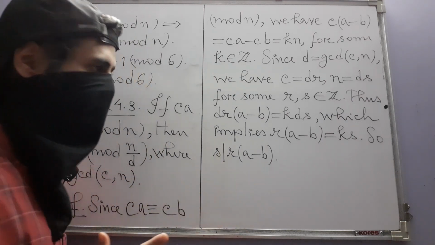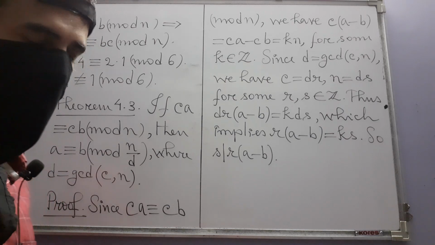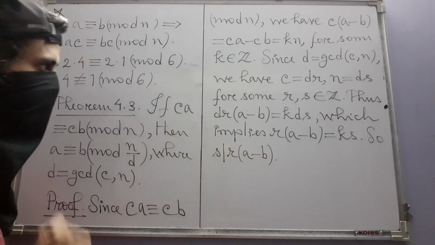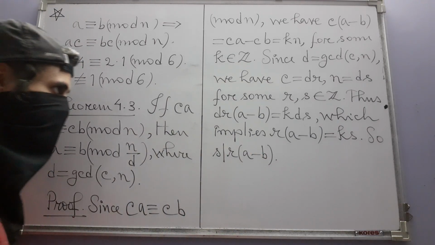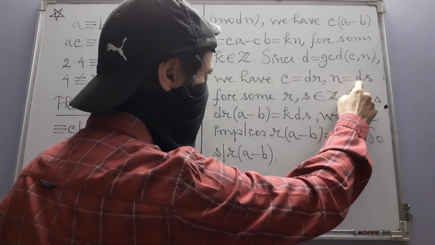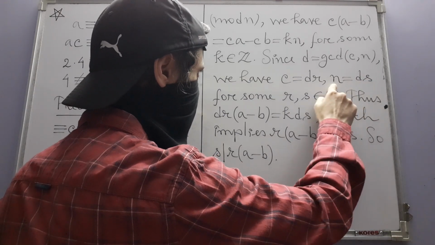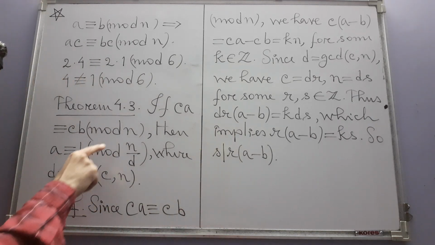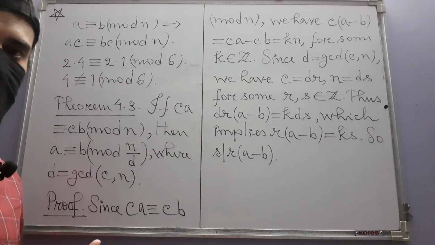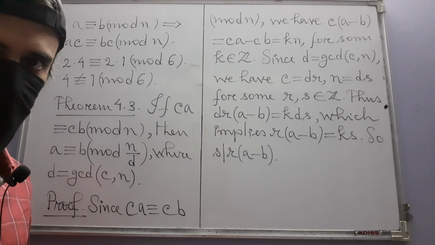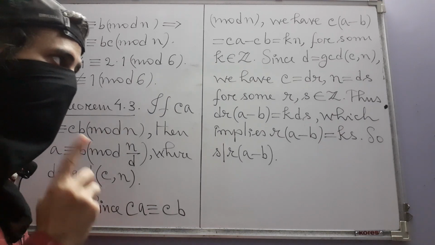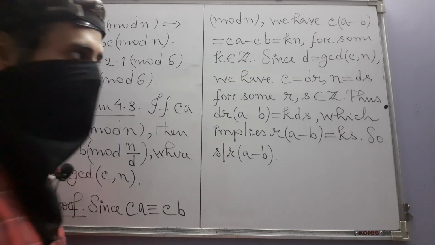Is s non-zero? You have to make sure that it is non-zero. Otherwise, this is meaningless. Where is s coming from? Can s be 0? No. Because n is a positive integer, s cannot possibly be 0. S in fact is, we can say something more also.